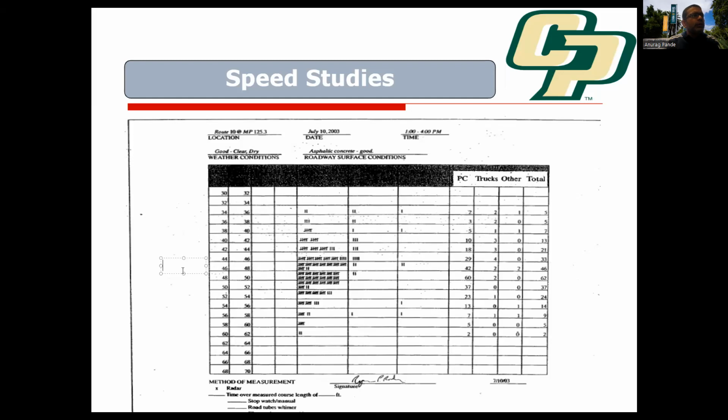This 46 to 48 miles per hour bin represents greater than 46 and less than or equal to 48. I'm sorry, I misspoke earlier: less than or equal to 48 miles an hour.